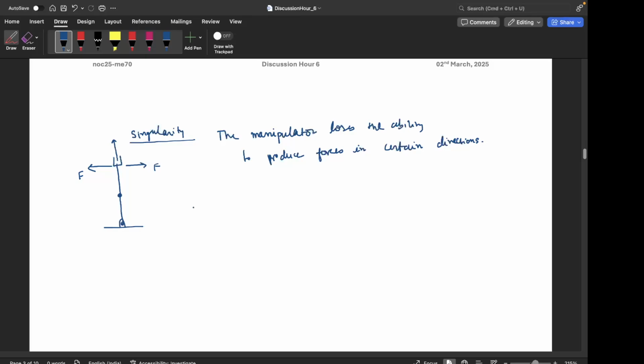So let's verify this. We know that for a 2-hour manipulator, singular positions occur at theta 2 is equal to 0 and pi.